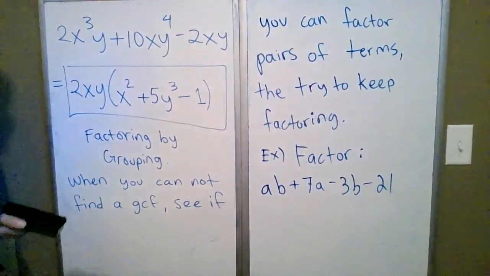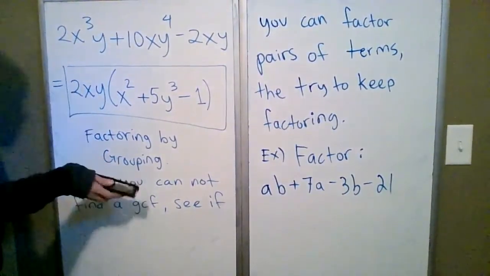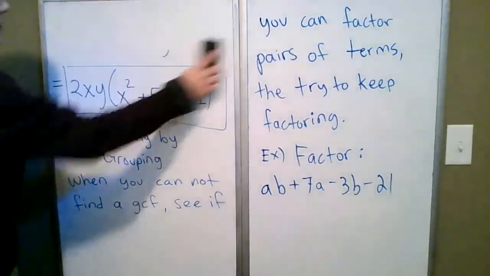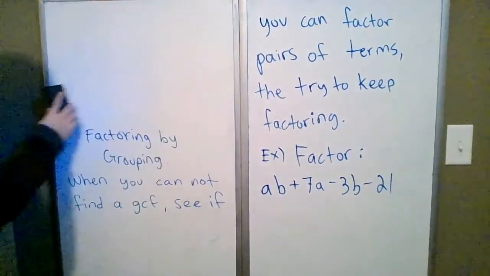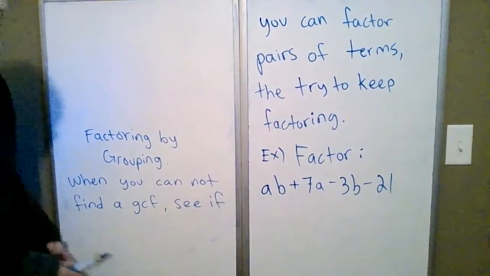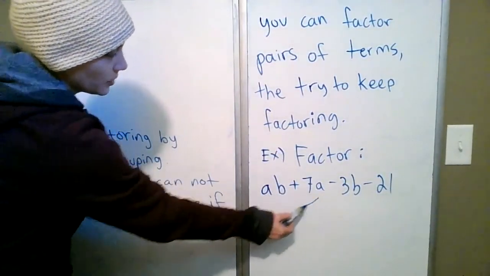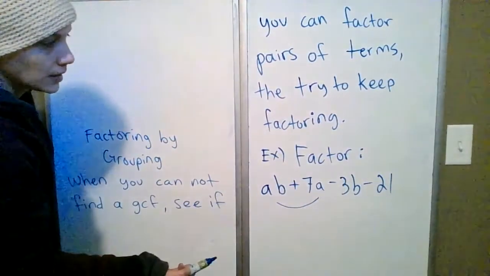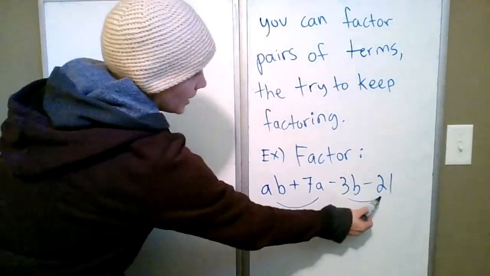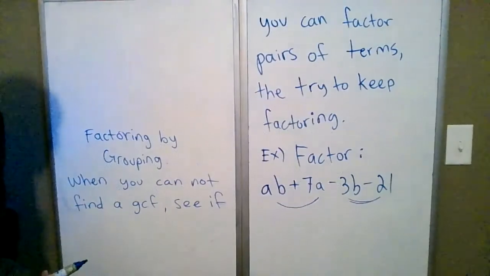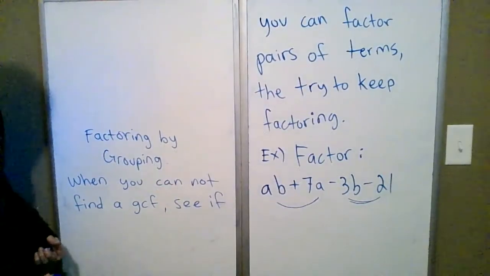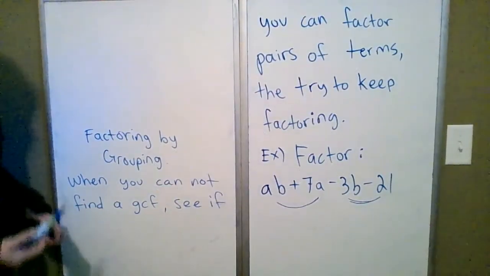So sometimes it might help to rearrange your terms a little bit. This time I think we can just pair them up if we want to. So I might just try putting this term that has A and this term that has A together. These both at least have a -3 in common. So we're gonna try factoring this way.